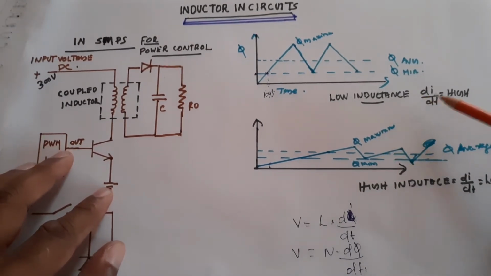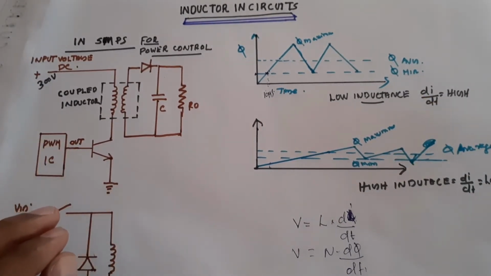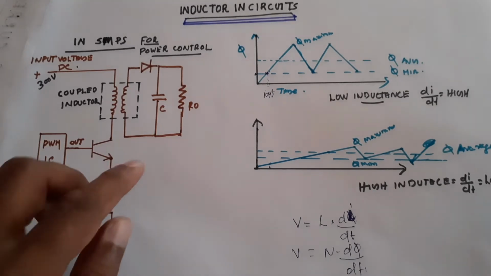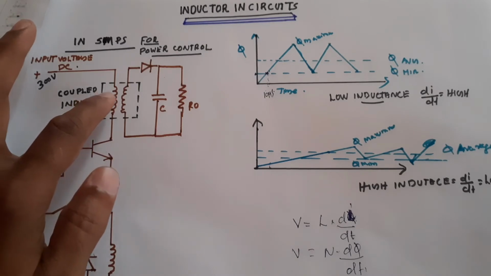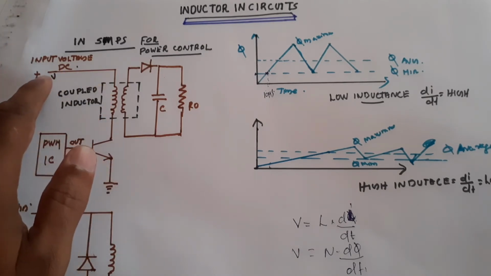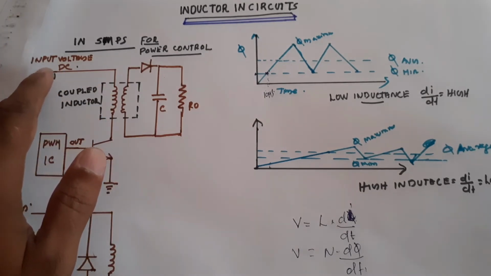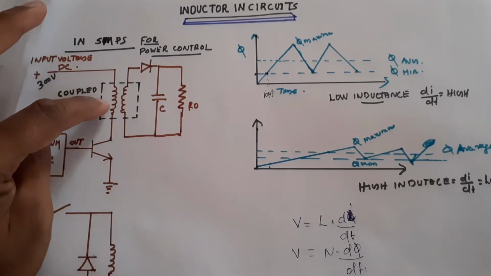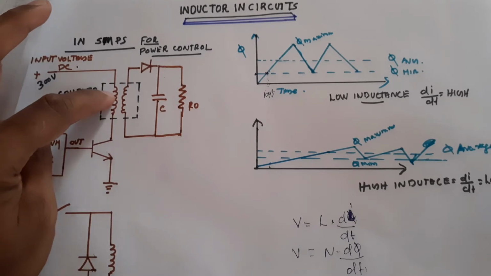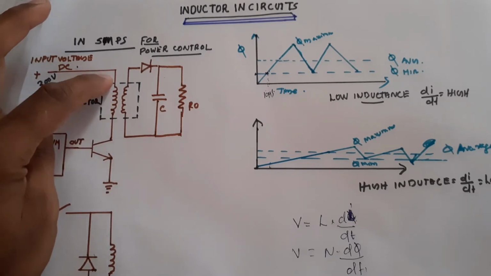How is this happening? As we know, when the switch is on, the inductor wants to oppose the 300 volt that is causing the flux to change. The property of the inductor is that it opposes any change in current.